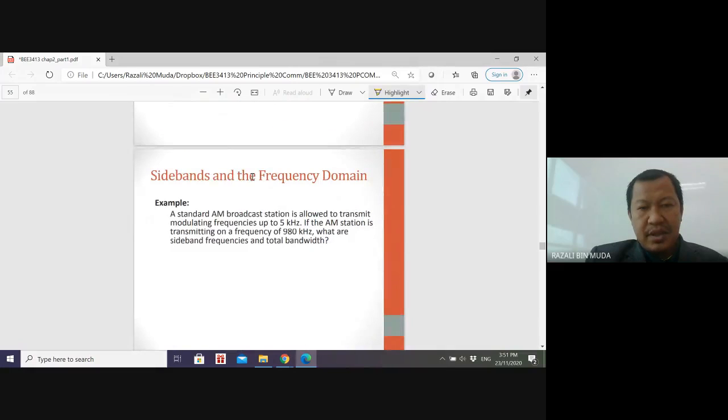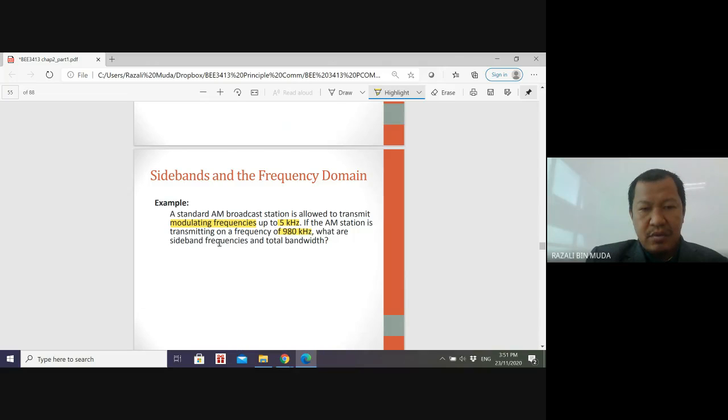Okay, sidebands in the frequency domain. A standard AM broadcast station is allowed to transmit a modulating frequency, this is FM, of 5 kHz. If the AM station is transmitting on a frequency of 980 kHz, this is the FC.